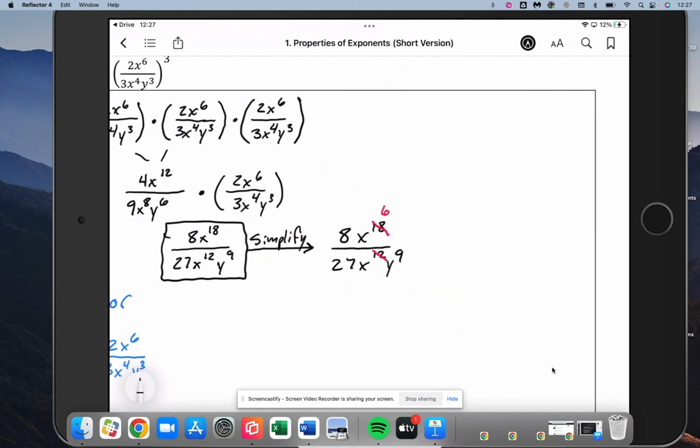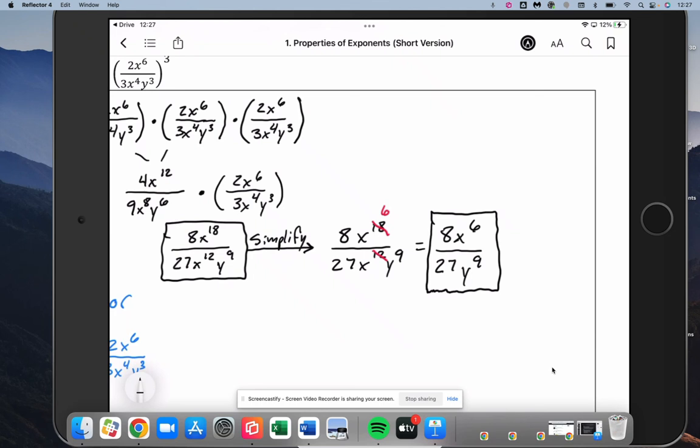And what we would have then is 8x to the 6th over 27. The x's in the denominator are all gone because they canceled out. Y to the 9th. And that canceling out is actually the incorrect way to say that. The real correct way to say it is that they divided out.